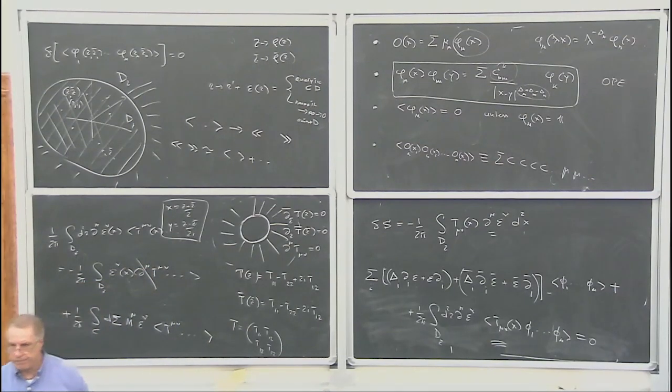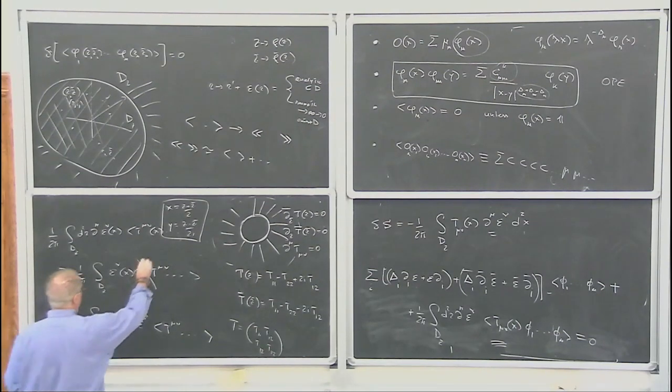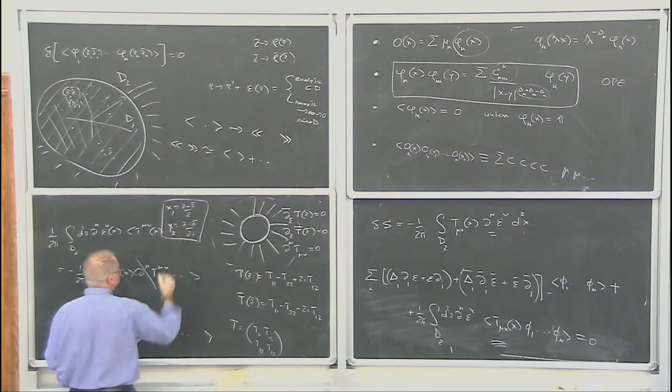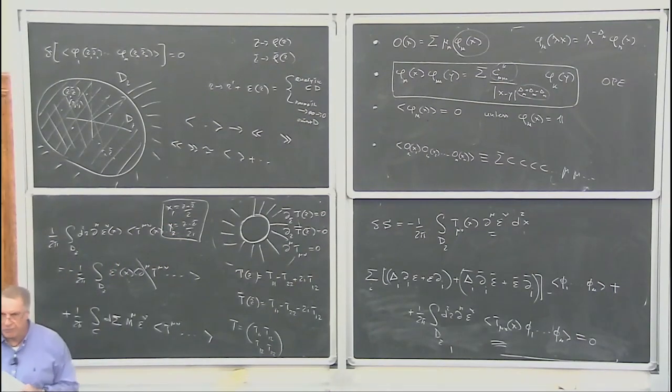So there's a question: what do the indices 1 and 2 refer to? I'm in the plane. I have two coordinates. So you can have a conservation law, which is delta 1 of something plus delta 2 of something equals 0.